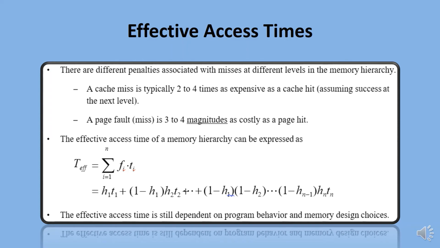The effective access time of a memory hierarchy can be expressed as T effective equals the sum from i equals 1 to n of Fi times Ti. The effective access time is still dependent on program behavior and memory design choices.